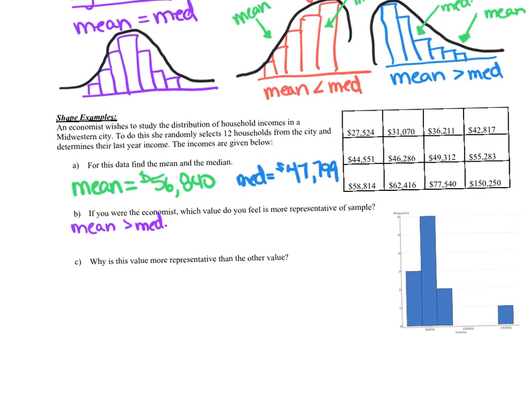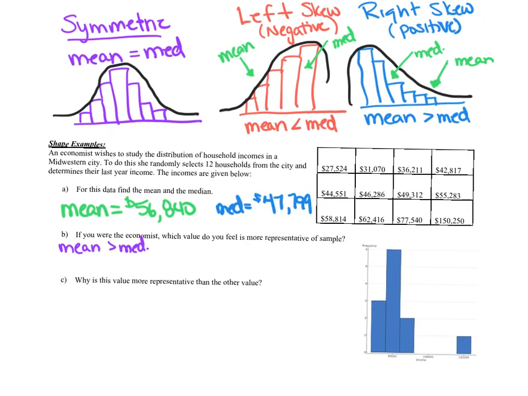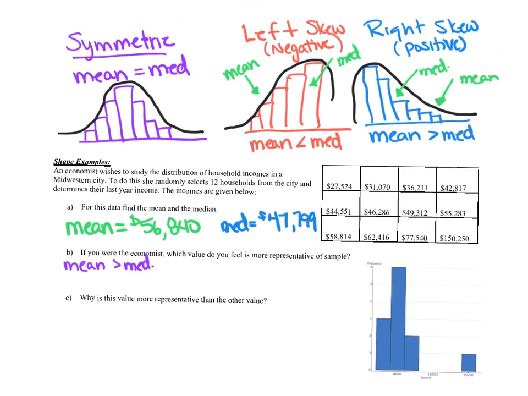And remember, if the mean is greater than the median, it is skewed to the right. We have right skew. So this tells me this is a right skew distribution, just from knowing the mean and the median. I can compare those two. Because it is right skewed, the more representative value of the sample is going to be the median.